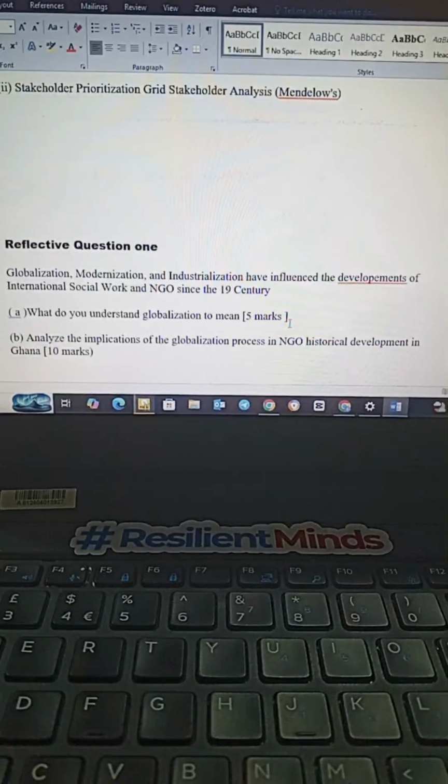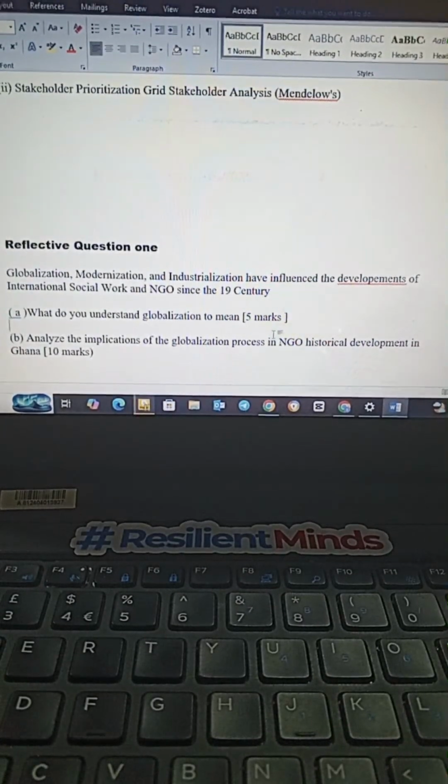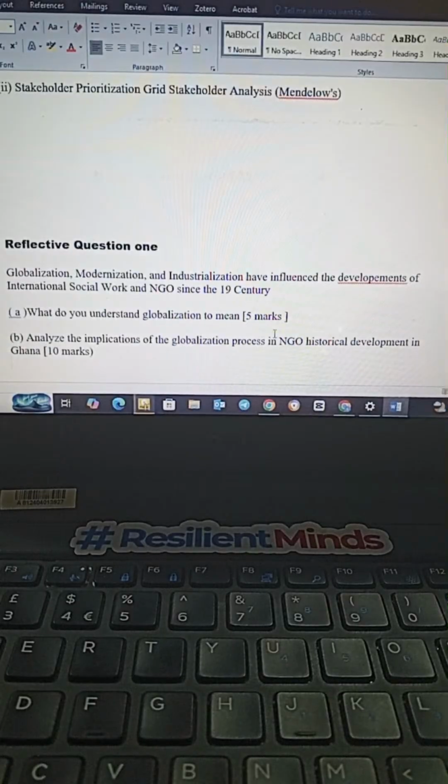MTN is not Ghanaian-based. It's from another country, and now they've come and set up here and are making profit. That's globalization. So it is an increasing interdependence, integration, and interconnectedness of economies, societies, countries, and cultures. That is globalization.